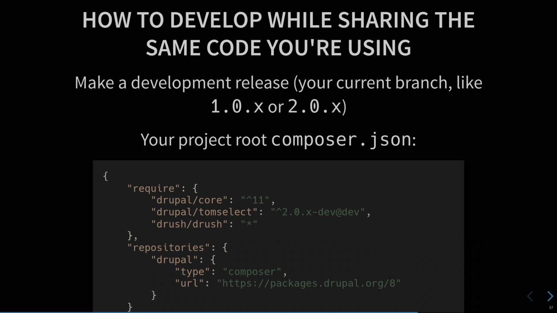And that is going to have Composer grab it from Drupal.org, from git.drupalcode.org, in the latest version, usually getting it from Git. And so it will have a connection in Git.